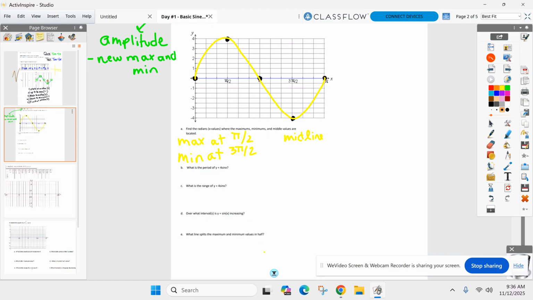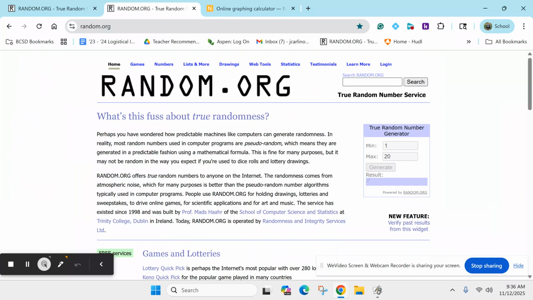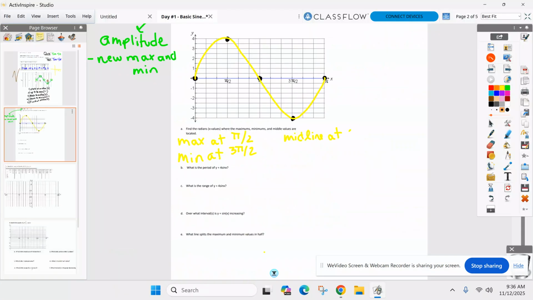We should have a couple places where we had a midline. Name the places where we had the midline. Sophie. 0. Pi and? 2 pi. Awesome. Welcome to the sine curve. That will be the same every time. Your max will be at pi over 2, the minimum will be at 3 pi over 2, and the midlines will be there.